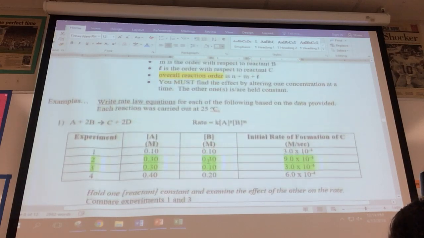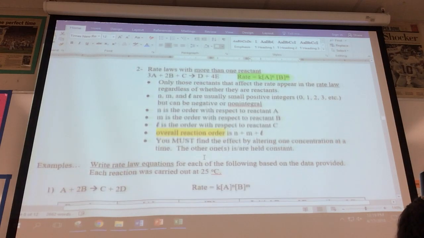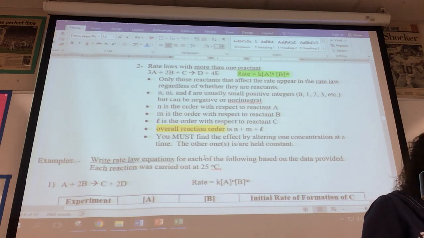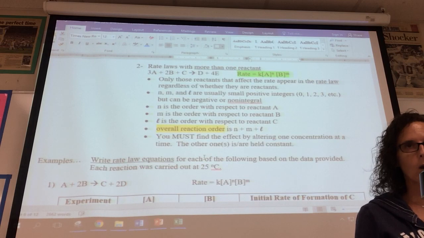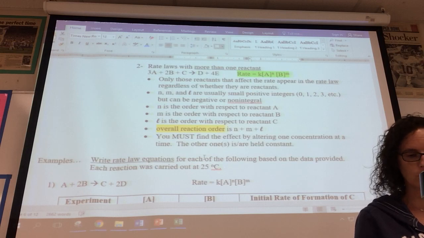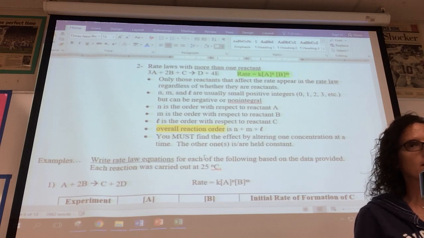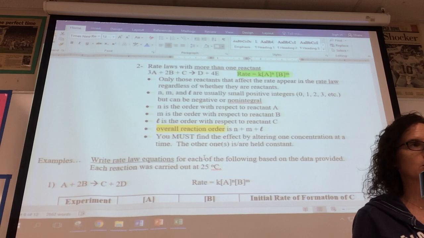And you're better off going through a whole bunch of examples and mastering, so when you get to the quiz or test and it's easier, you do well and you're happier. Questions. We'll be exploring the factors that affect reaction rate in much more detail as we go through the chapter. The rate laws at first glance appear to be the trickiest, yet I find kids to be very, very strong with them.